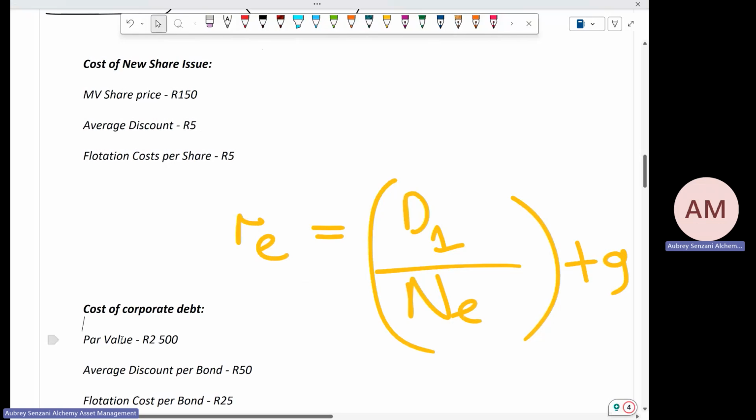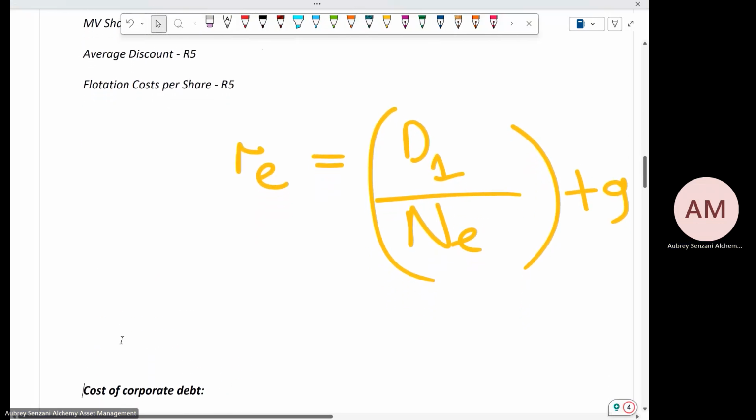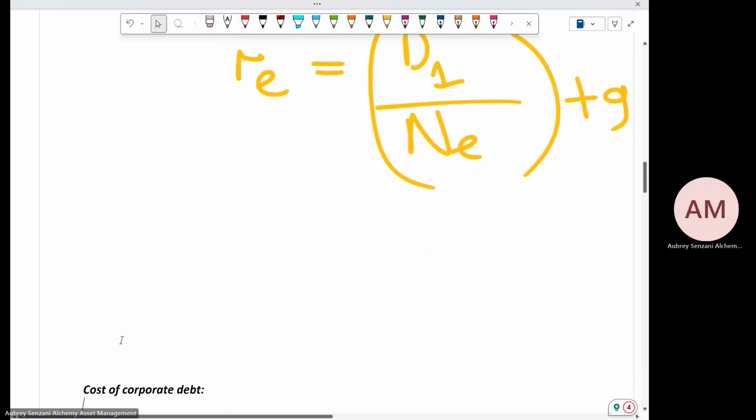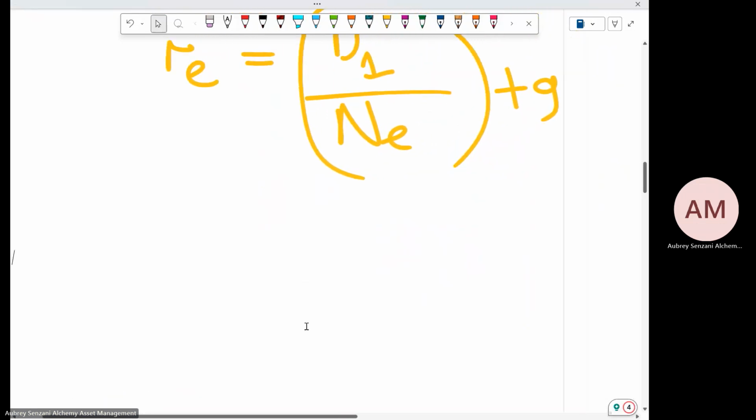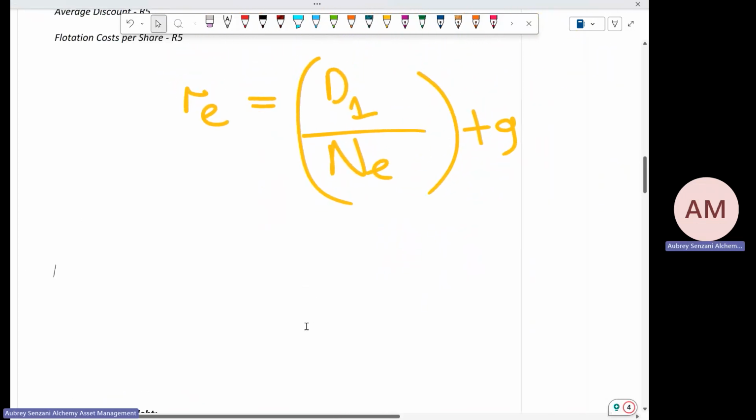Let's just create some space. So let's calculate this here. We know that our dividend, they gave it to us.